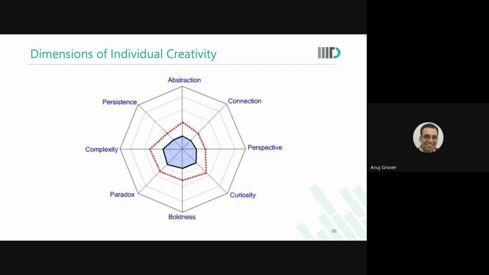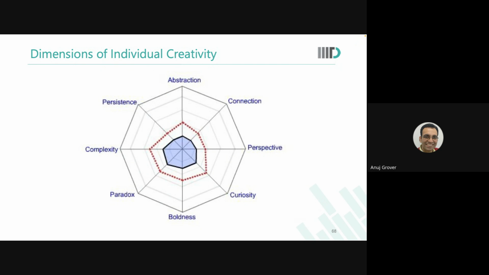Okay. Whatever your score, the important thing to understand with this particular test or the radar chart that you get in the end is that creativity can be understood to operate along so many dimensions. Each one of you would have a unique pattern, a unique radar chart on these 9 axes. Okay?